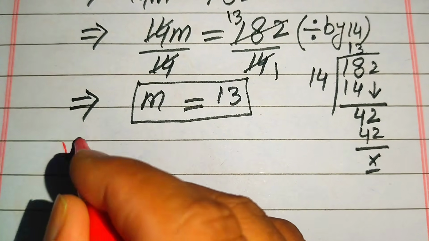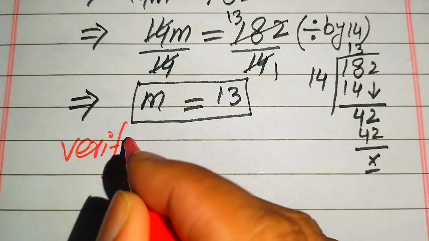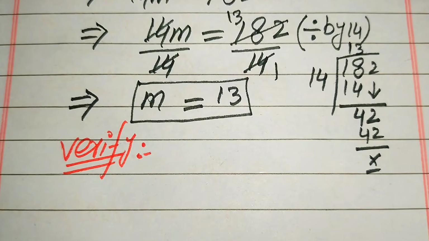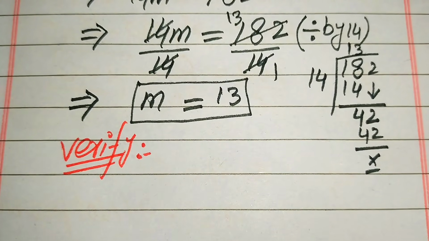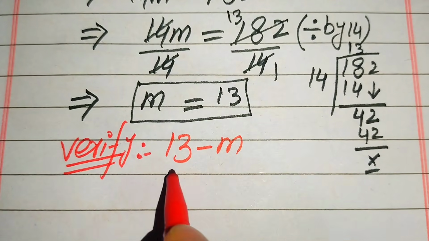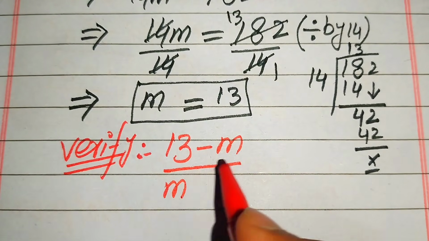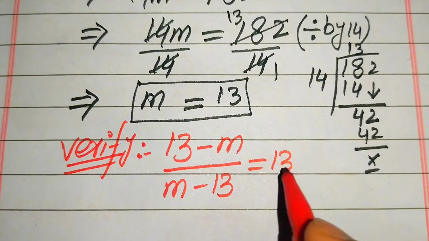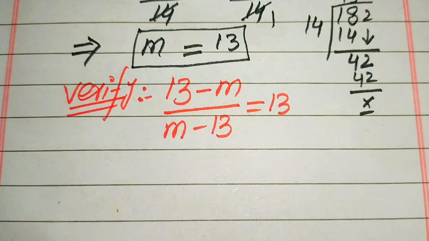In the next step we need to verify whether this value of m is the solution or the extraneous root. For verification of this we need to copy down the given question statement. Here it is (13 minus m) divided by (m minus 13) equals 13.